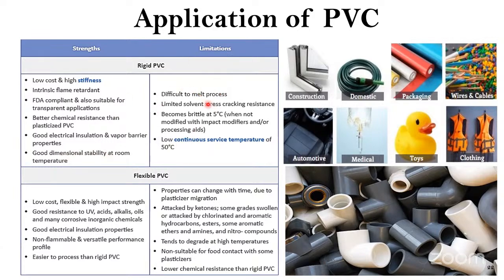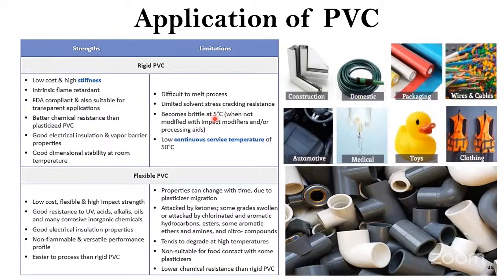But they have certain limitations. What are those limitations? Difficult to melt process, means while doing the processing, the rigid PVC makes a lot of errors due to being very rigid in nature. And they have limited solvent stress cracking resistance, and become brittle at 5 degrees Celsius.